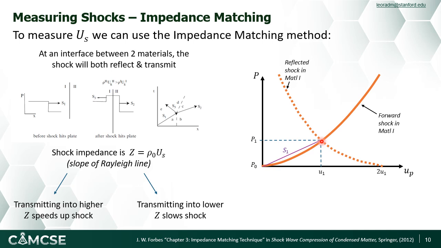and also must be reflected, so that the reflected shock has the opposite slope of the Hugoniot, as all of the initial particle velocity is no longer at rest, but now traveling in one particular direction, i.e. against the direction of the shock wave itself. So this gives us this reflected Hugoniot here, the orange dotted line.